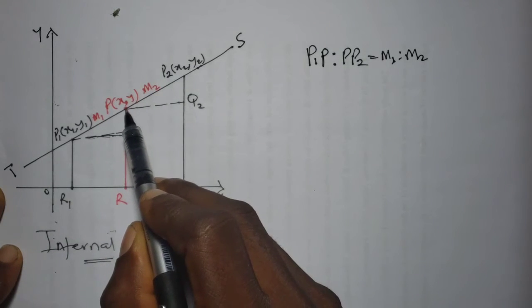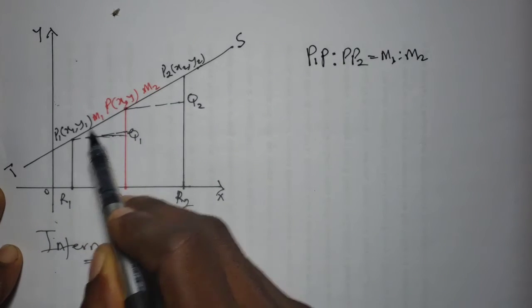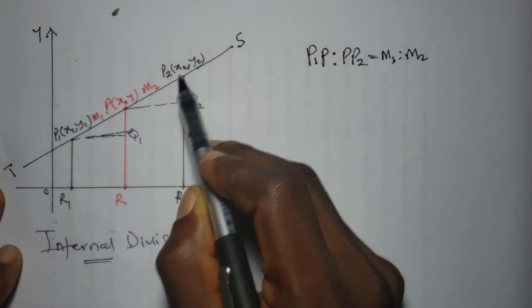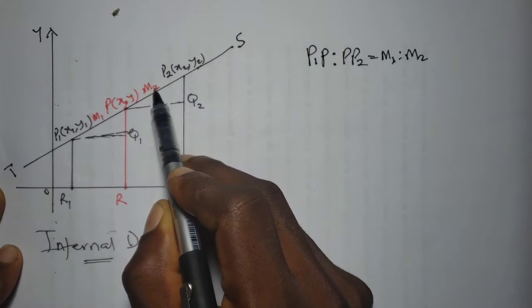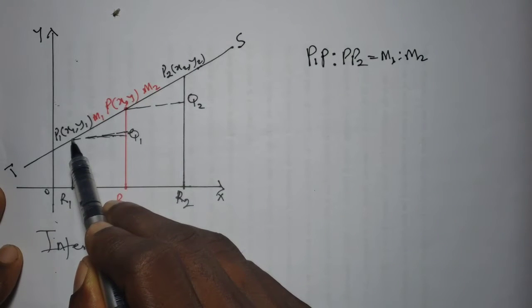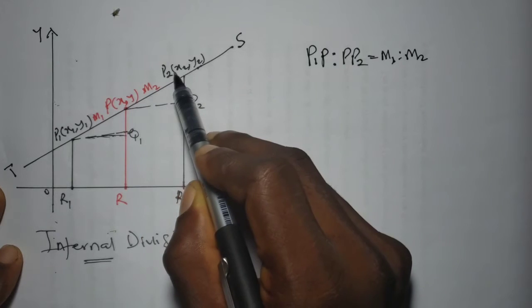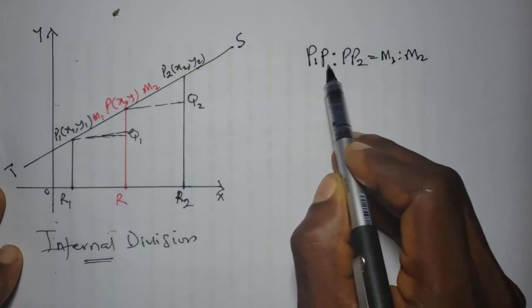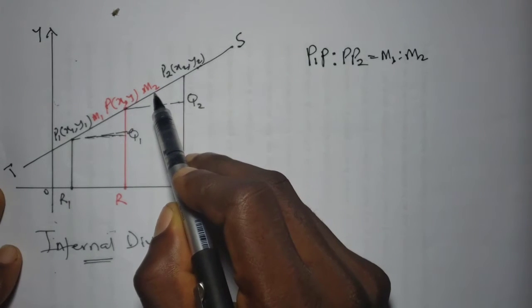So the point P with coordinates x and y divides the line segment P1P2 internally in the ratio M1 and M2. So we say P1 to P is M1 and P to P2 is M2.